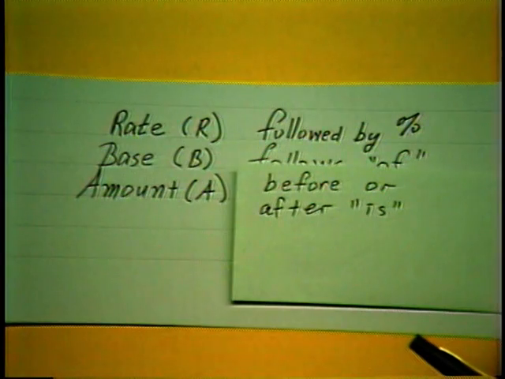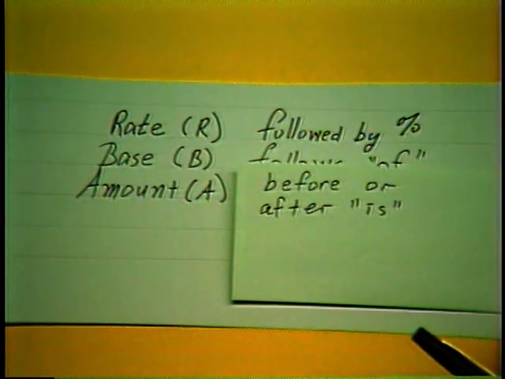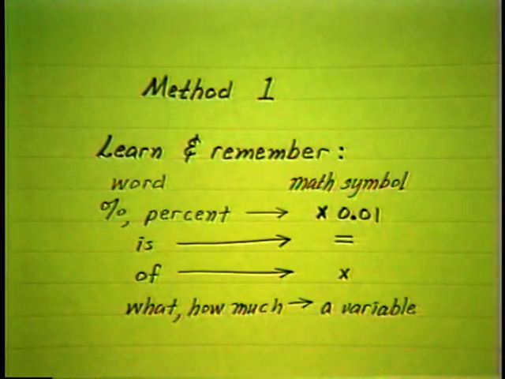And the number which is just before or after the word is is referred to as the amount. Now remembering the words base, rate, and amount is more necessary for talking to your business colleagues. In math, we'll develop some simpler techniques.